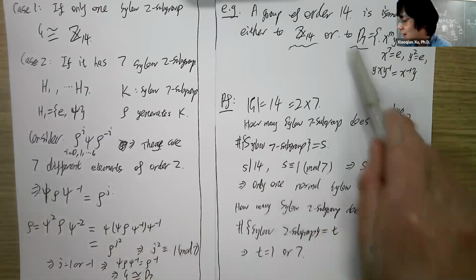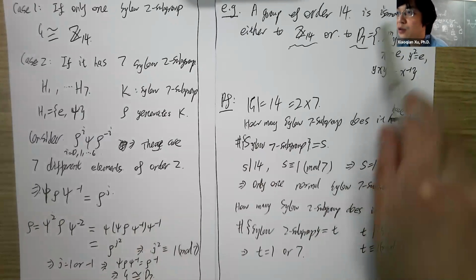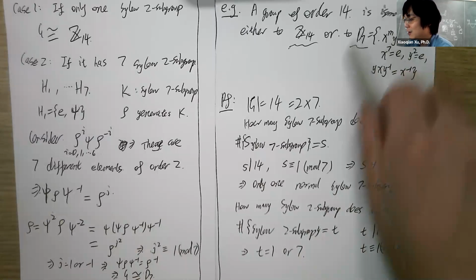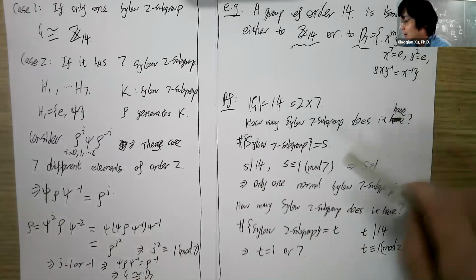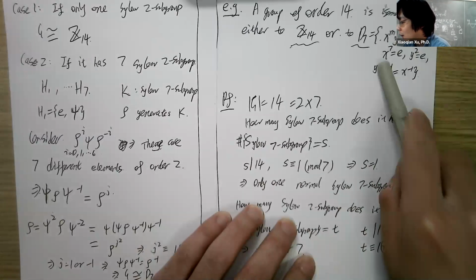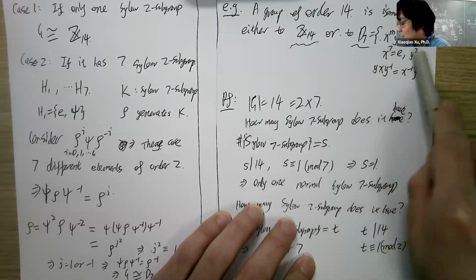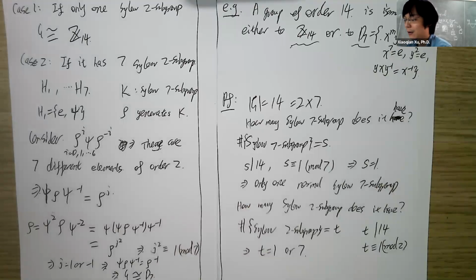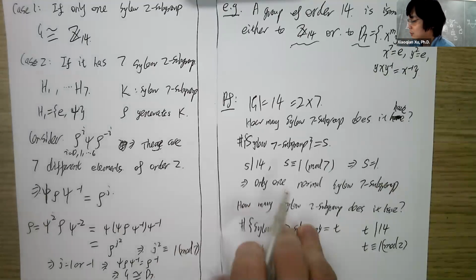Then how can you say this group has a unique structure? Unfortunately, this semester, we don't have time to tell you why this group has a unique structure for this kind of x, y, such that x^7 equals e, y squared equals e, and y x y inverse equals x inverse. But if you want to know, you can try to check it yourself.